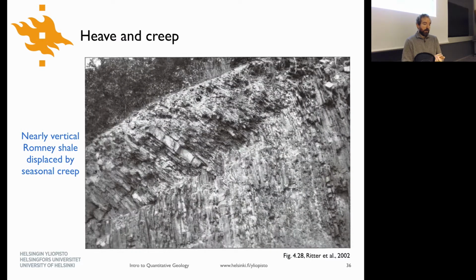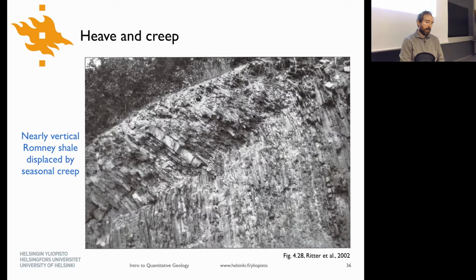What does it look like? Well, hopefully you can see. I know that the projector doesn't do a great job with this, so it might be easier to see the lecture slides once they're up on the course page. But this is an example of a shale that's nearly vertical in terms of its bedding. But you can see clearly that there is some transition zone within this shale bed where things have sort of tilted.